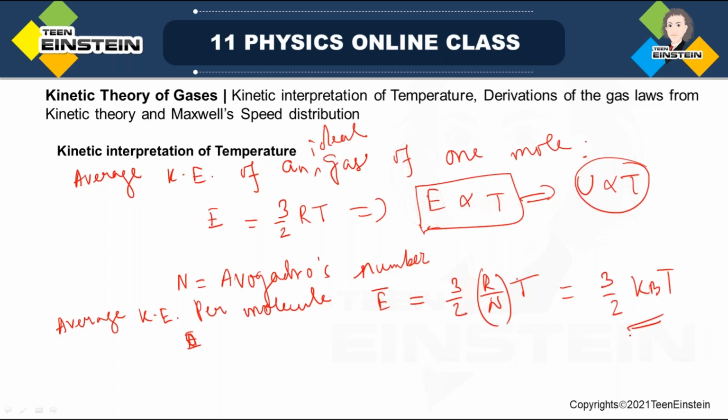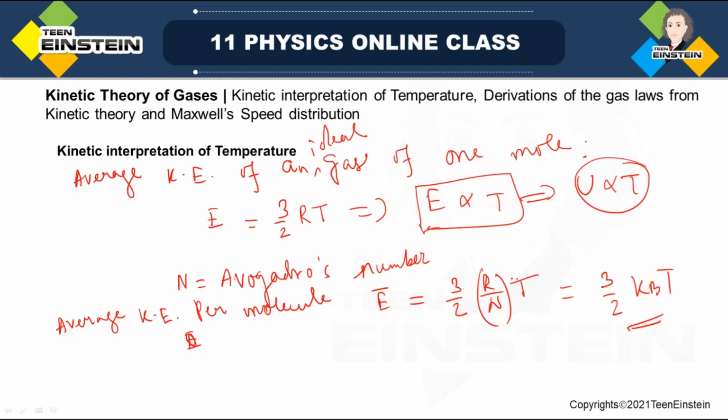Whatever the ideal gas, whatever the pressure and volume, it does not matter. Average kinetic energy per molecule is 3 by 2 kT.